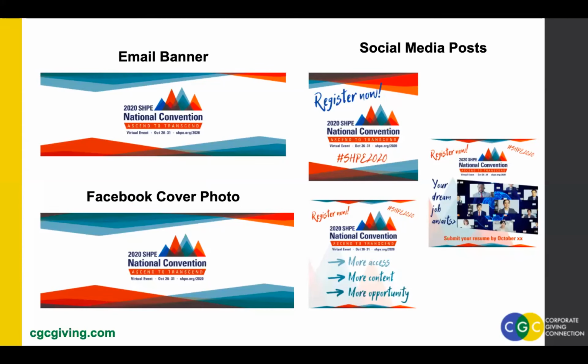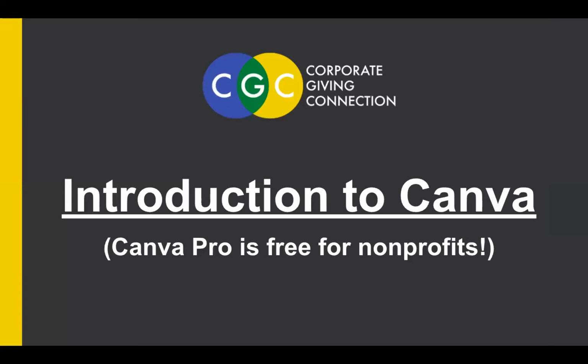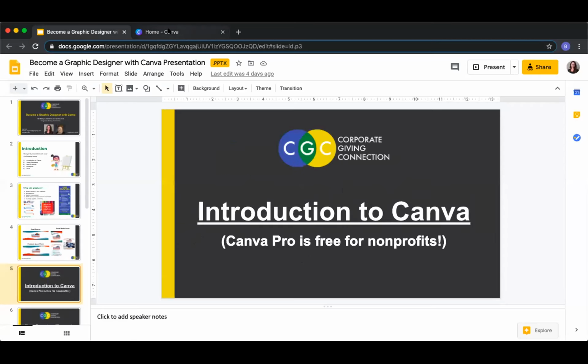It ties things together. All of the design elements are uniform with the colors, the logo and the fonts. That's always helpful to give a level of uniformity to your campaign or marketing efforts. So I'm going to dive right now into Canva.